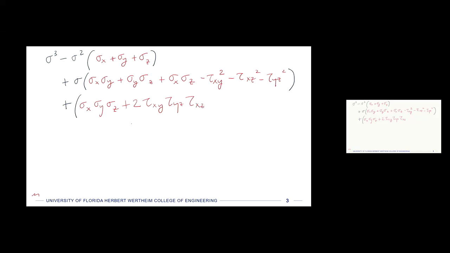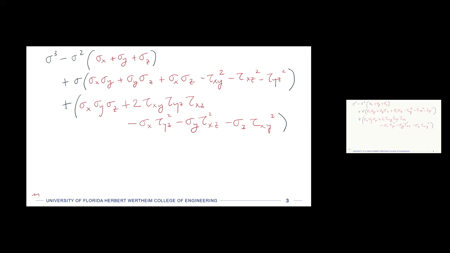And then we had some other combinations. So minus sigma x, tau yz squared, minus sigma y, tau xz squared, minus sigma z, tau xy squared. Okay. So this is our generalized equation.